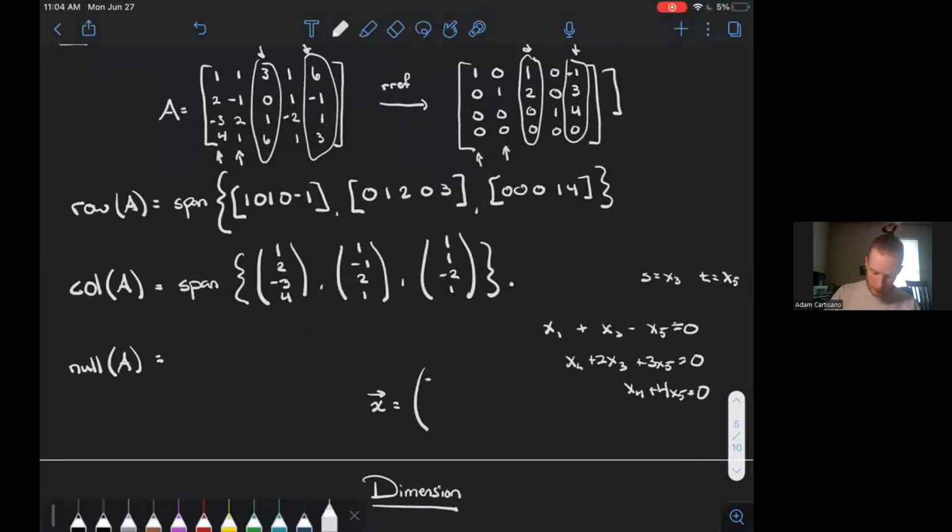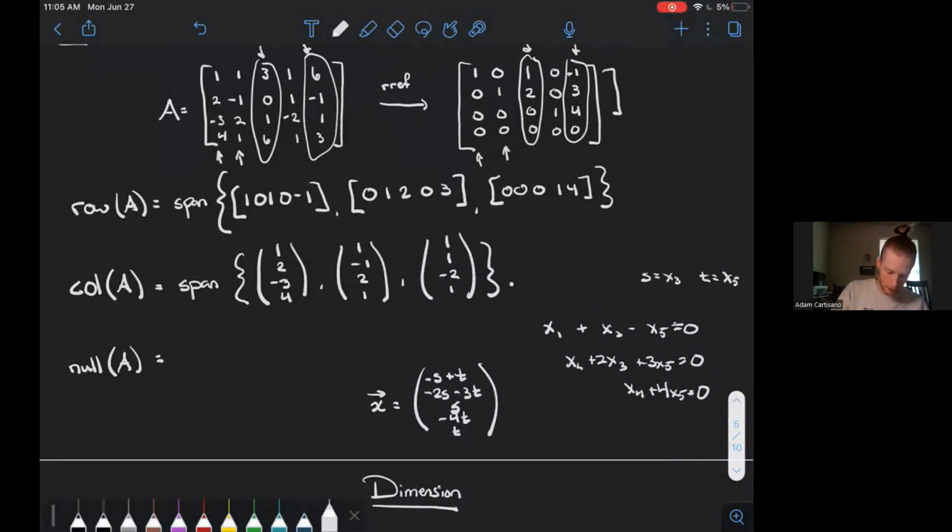We'll see that minus s plus t, minus 2s minus 3t, s, minus 4t, and t. This is the solution vector, which means that all linear combinations we could split it into s times one vector plus t times another vector.